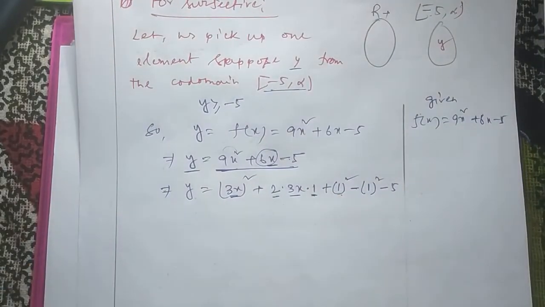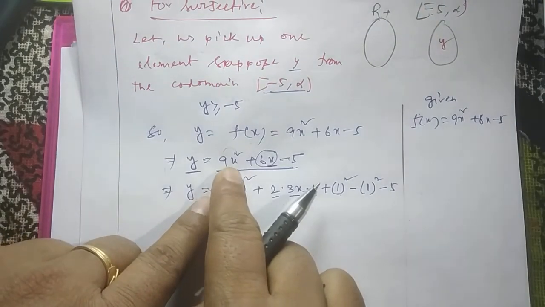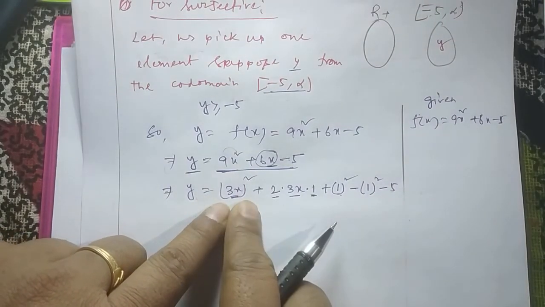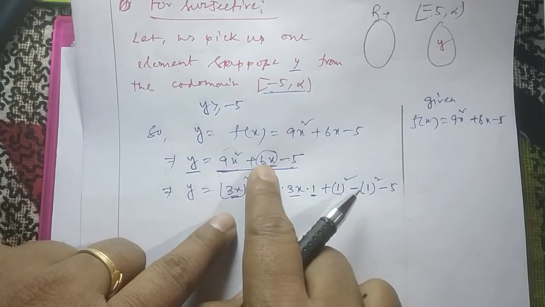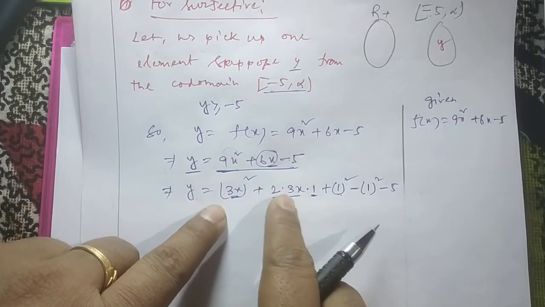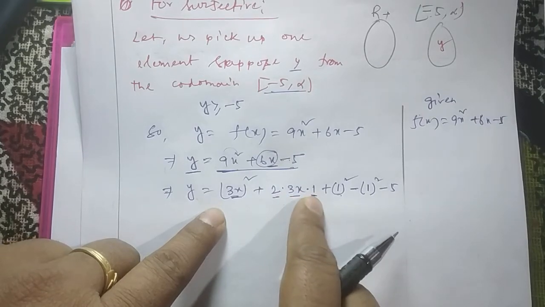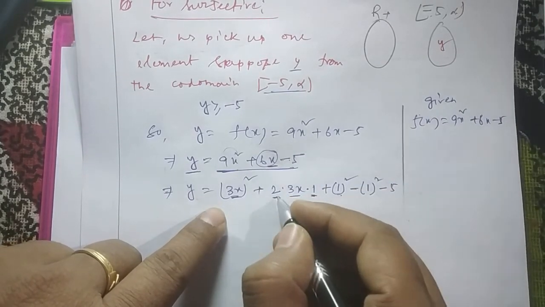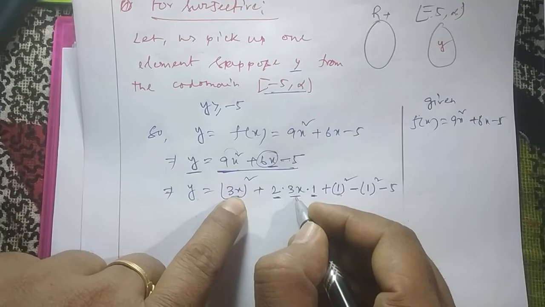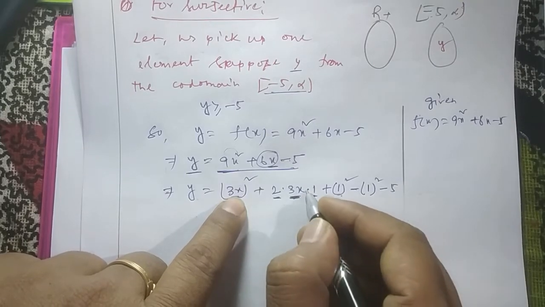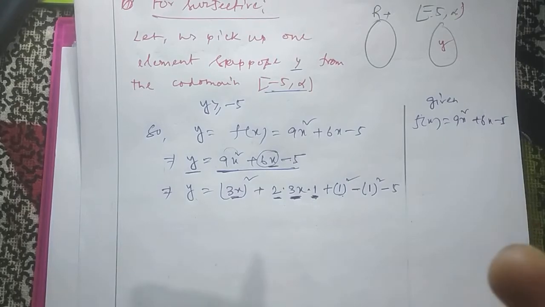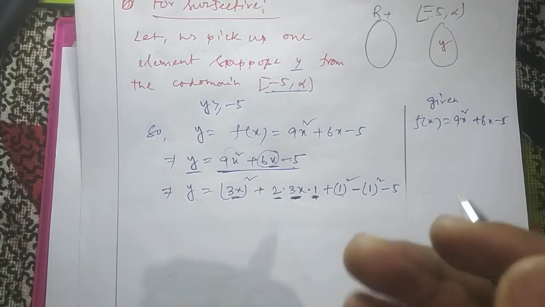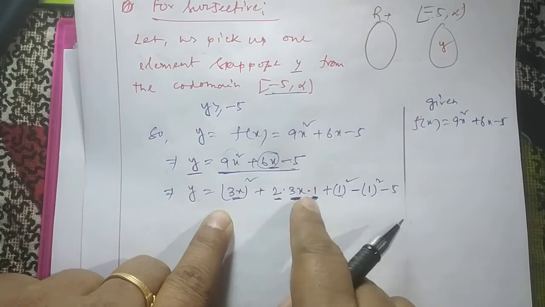Again I am saying the process. This 9x square can be written as 3x whole square. Correct? Now this 6x can be written as 2 into 3x into 1. Here 3x is a and 1 will be working as b. To bring the formula of a plus b whole square, you have to create a square plus 2ab plus b square.